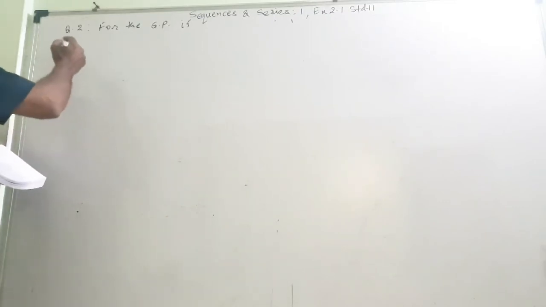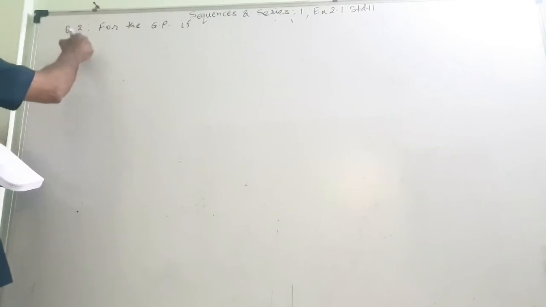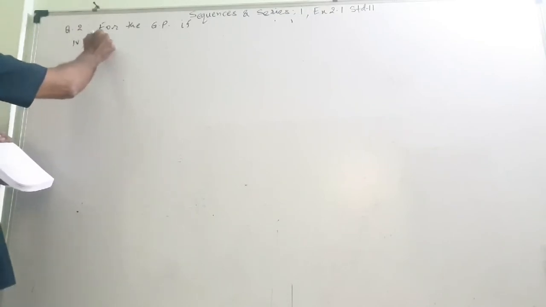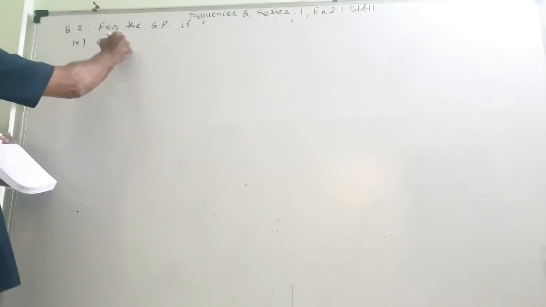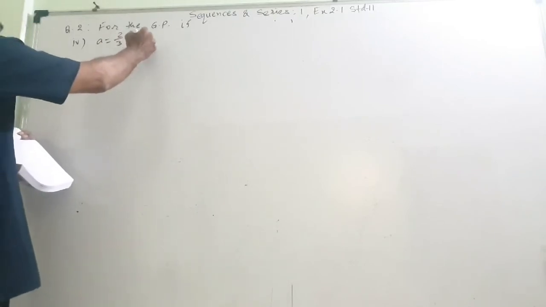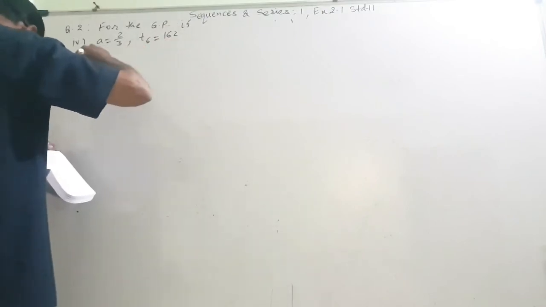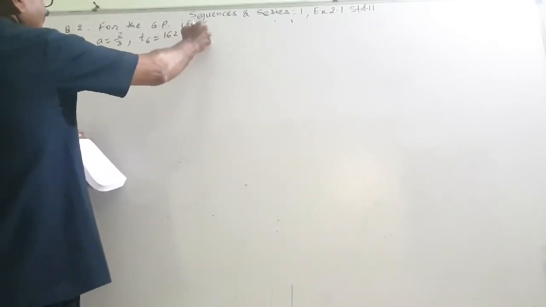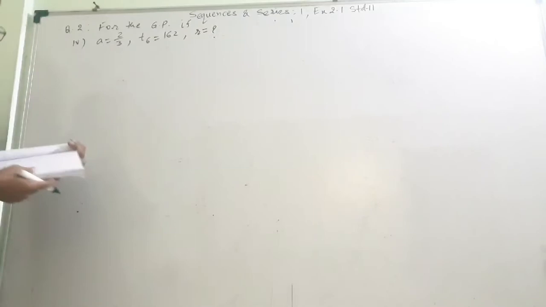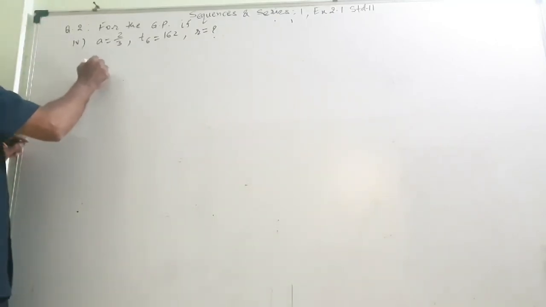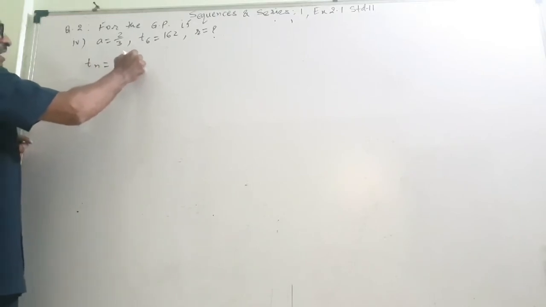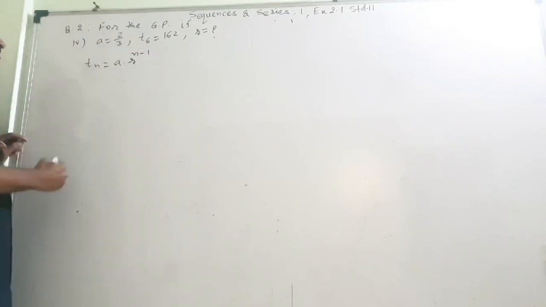So the fourth one is A is equal to 2 upon 3, T6 is equal to 162. Find R. Just the formula Tn is equal to A into R raised to n minus 1.